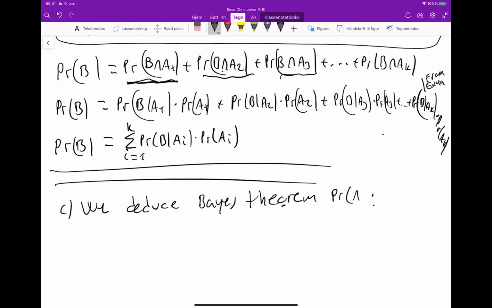Probability of A given B is equal the probability of B given A times the probability of A divided on the probability of B. This is Bayes theorem.